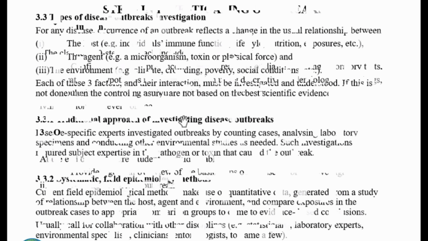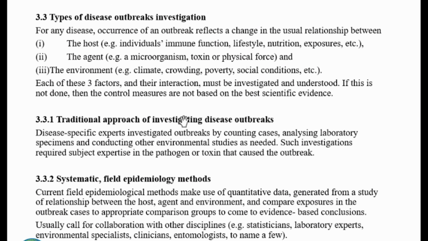Types of disease outbreak investigation. For any disease, the occurrence of an outbreak reflects a change in the usual relationship between the host, the agent, and the environment. The host is the individual: immune function, lifestyle, nutrition, exposure.